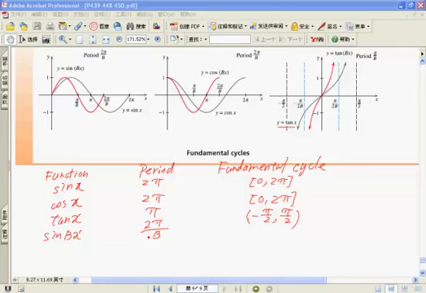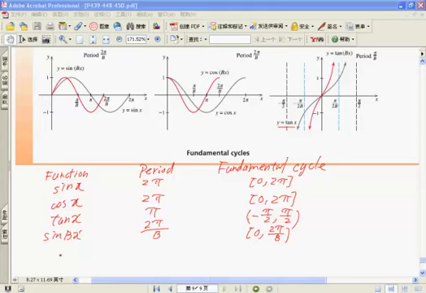And the fundamental cycle is from 0 to 2 pi over b. See here, this red one is the graph of sine of bx. So the fundamental cycle is from 0 to 2 pi over b.